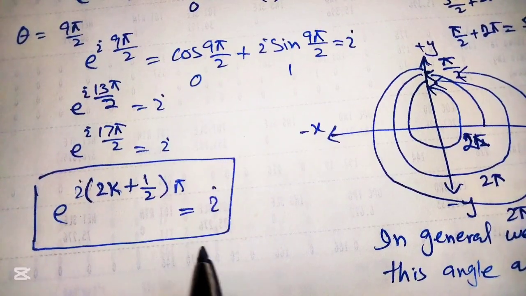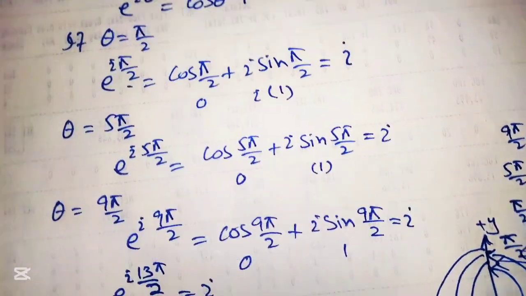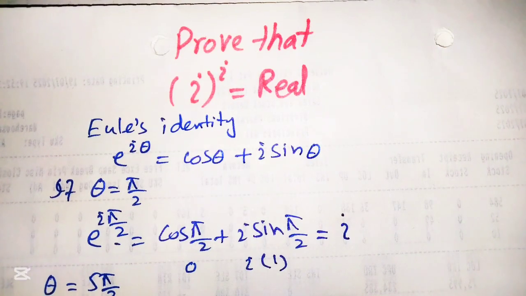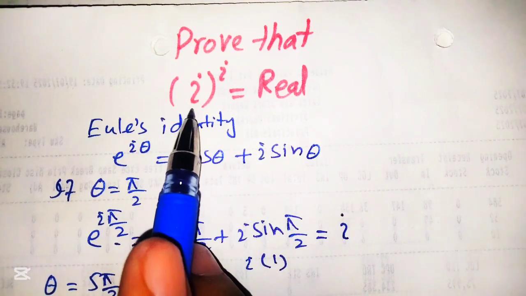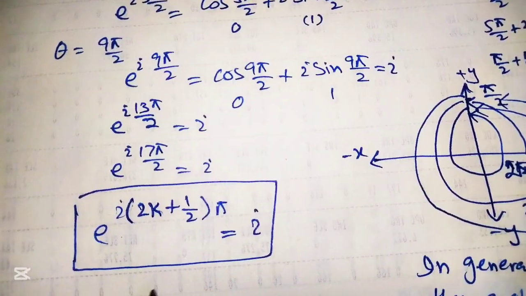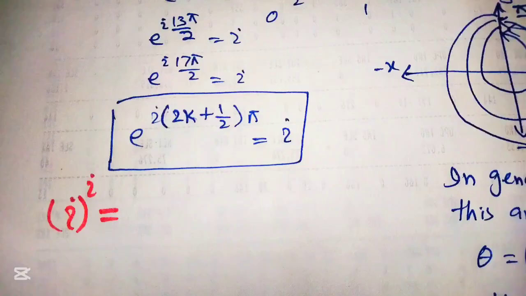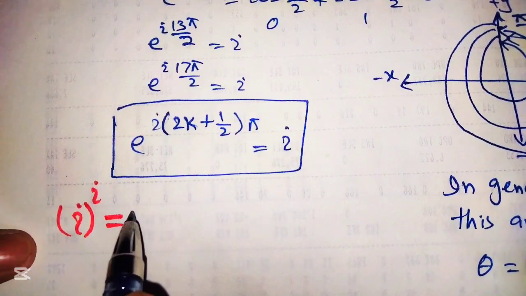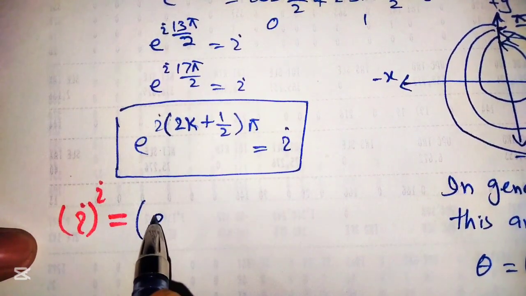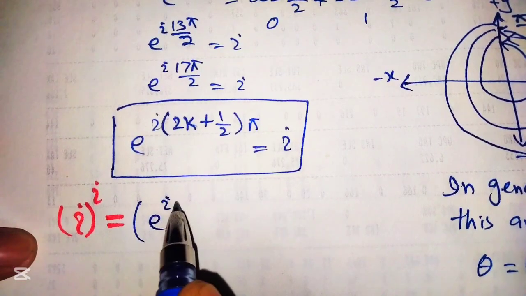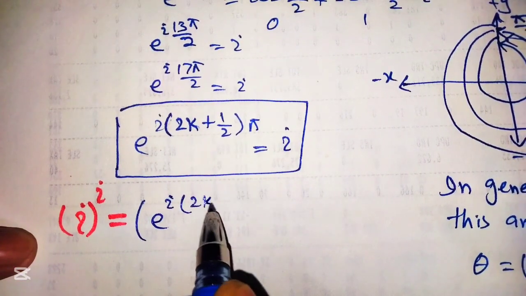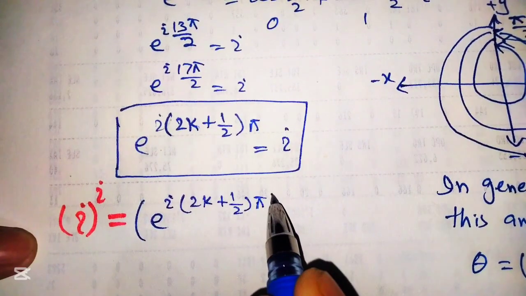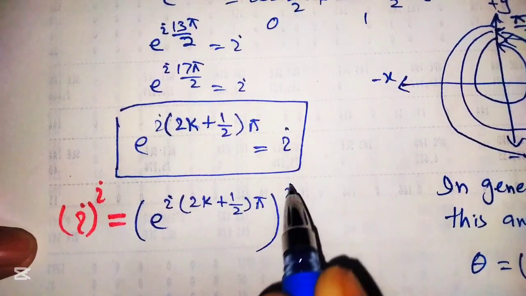So we will use this general relation in our given statement to prove that it is real. So putting iota equal to this, this is the given equation, and we will put this value here, and we will get e raised to power iota times (2k plus 1) over 2 pi, and the whole raised to power iota.